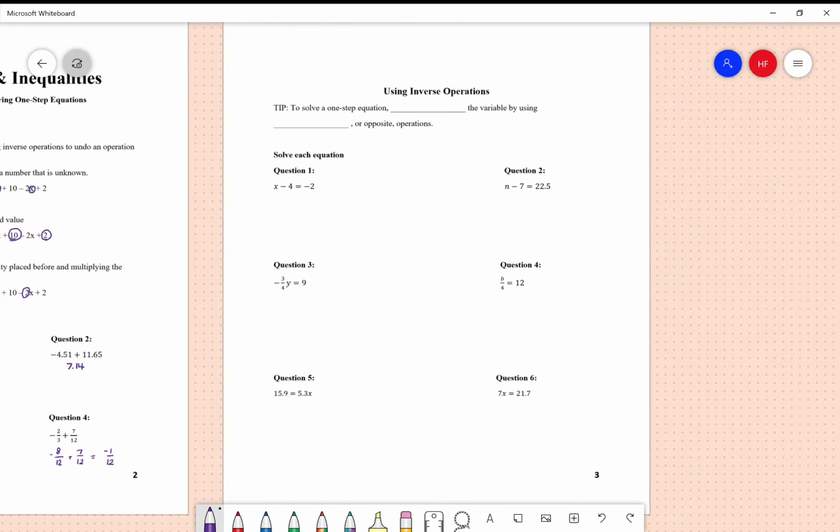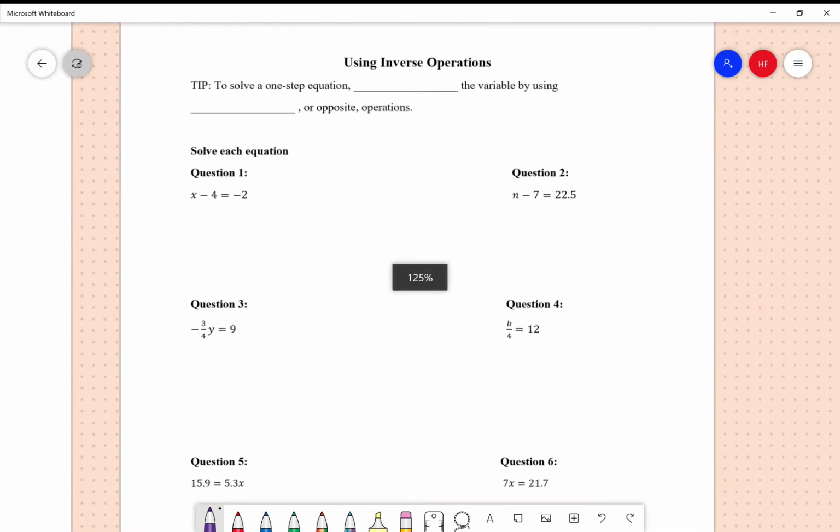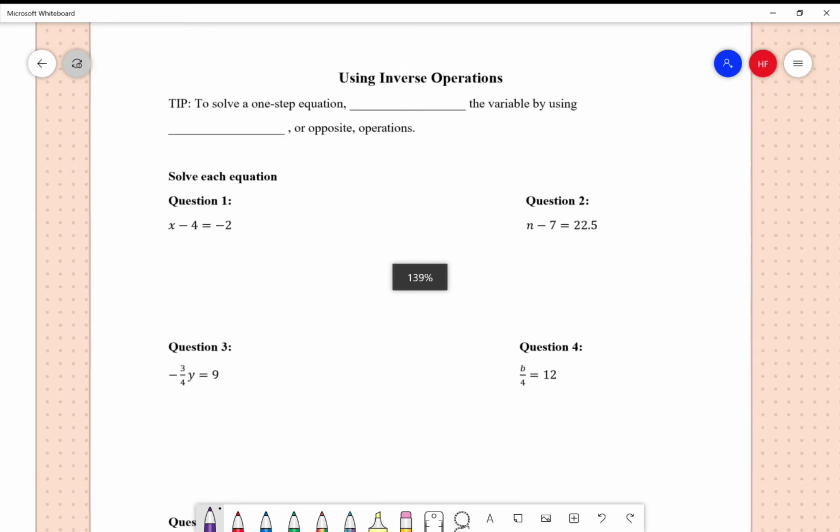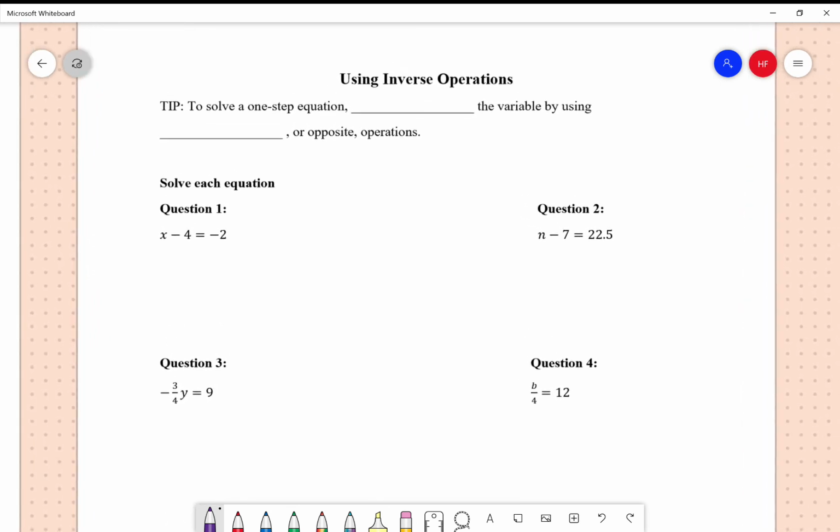So we're going to go to the second page. To solve a one-step equation, we're going to isolate the variable by using inverse or opposite operations.